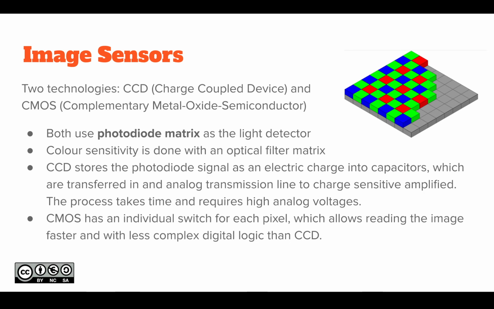CMOS is complementary metal oxide semiconductor logic, which basically is a switch matrix. While in CCD you take charge by charge on one single row at a time and then move into the next row, here you can actually read each pixel separately.